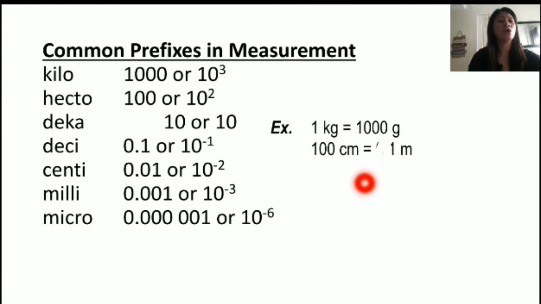Or if it's the reverse, 1 centimeter equals 0.01 meter. So you can always have the opposite. Another is liter to milliliter. Milli is 1,000 times smaller, so 1 liter equals 1,000 milliliters. That's how you make use of prefixes in measurement.